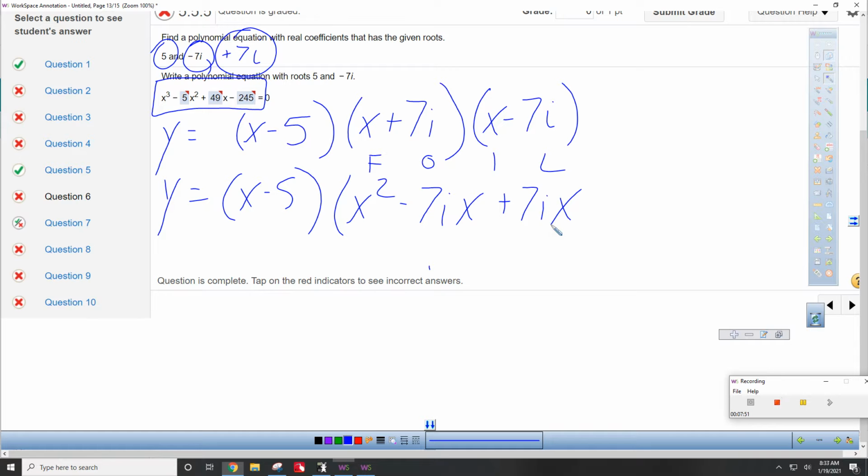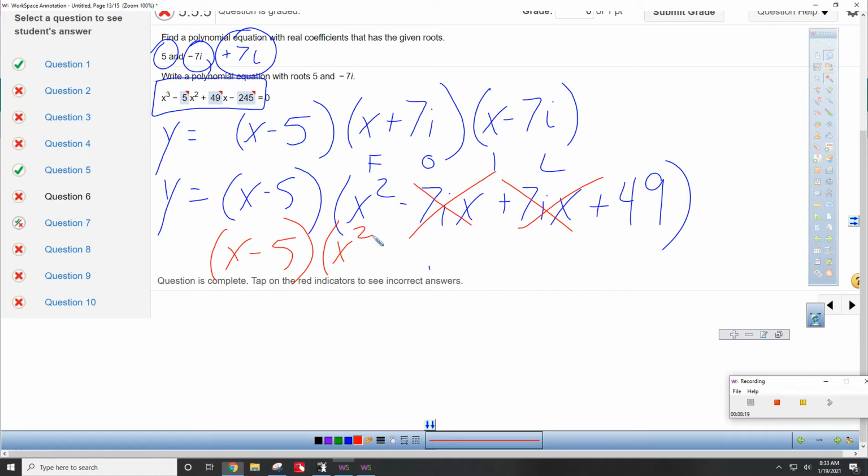And then 7i times negative 7i is negative 49i squared, but i squared is negative 1, so that becomes a positive 49. All right, I'm going to change my color. So I got x squared. These two cancel each other. It's positive and a negative. So that's what I got.